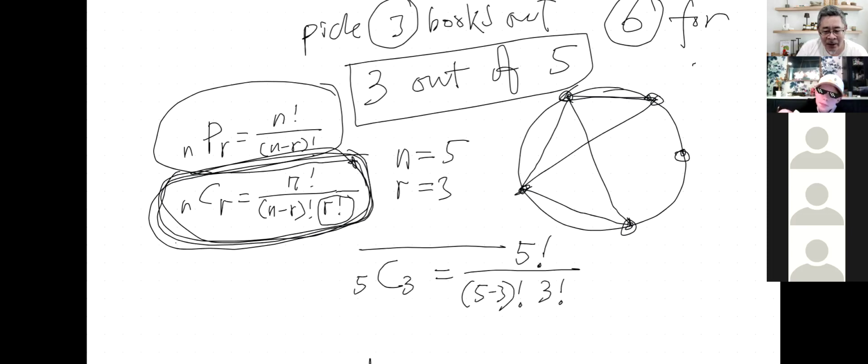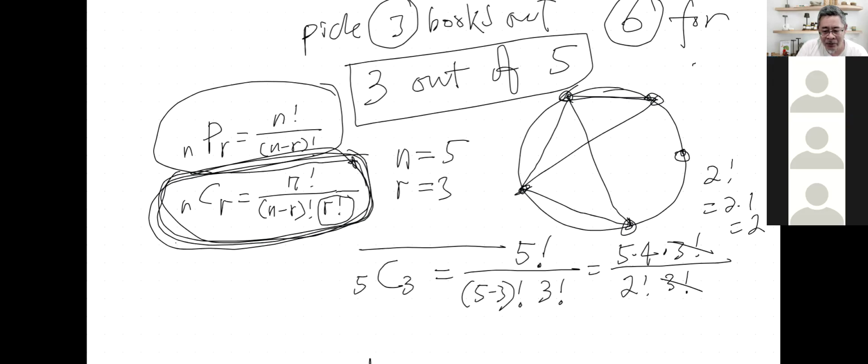So that's 5 times 4 times 3 factorial, over 2 factorial and 3 factorial. Now the 3 factorials cancel. 2 factorial is just 2 times 1, which is 2. So 4 divided by 2 is 2, times 5. That's where we got 10. Good?